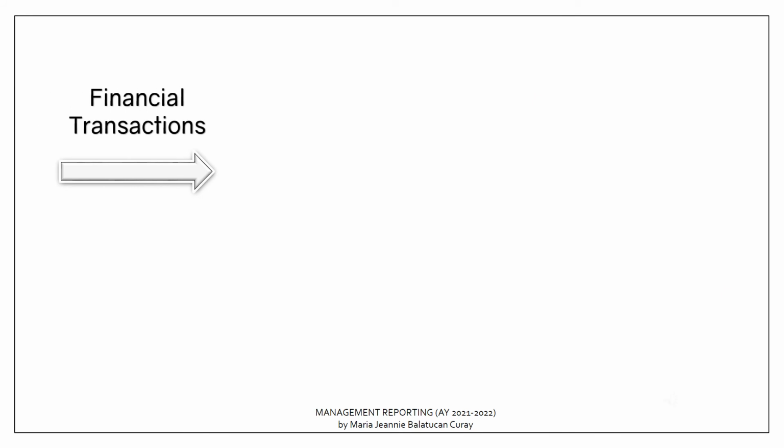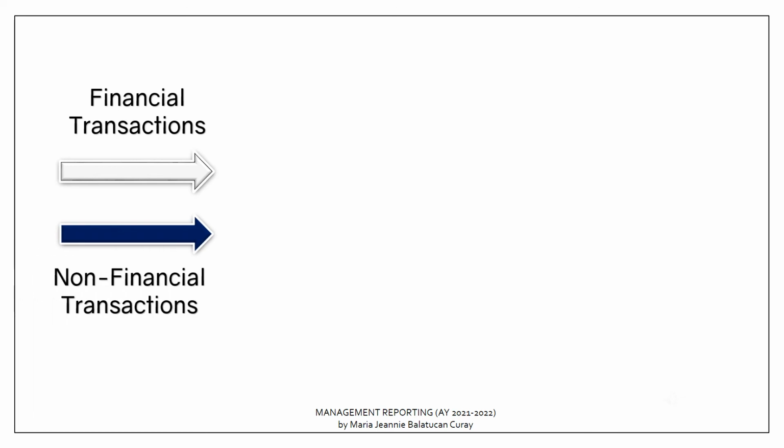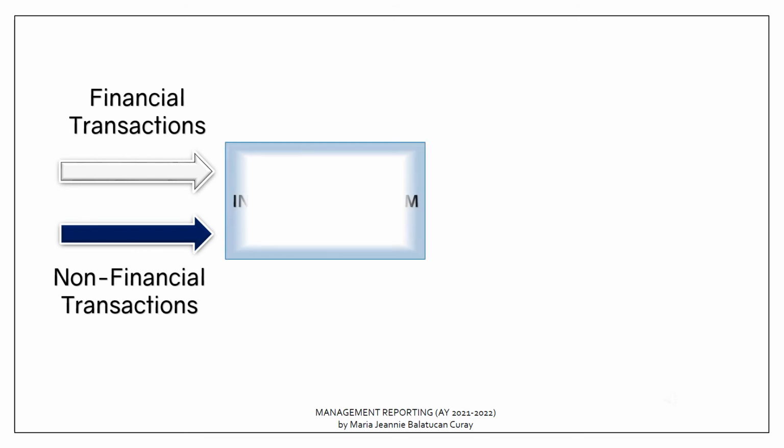We have broadly defined what is a transaction, and we have known the two classes of transaction, which are the financial transactions and non-financial transactions. So the information system accepts the input code transactions. As you see here, the input are the financial transactions and non-financial transactions.